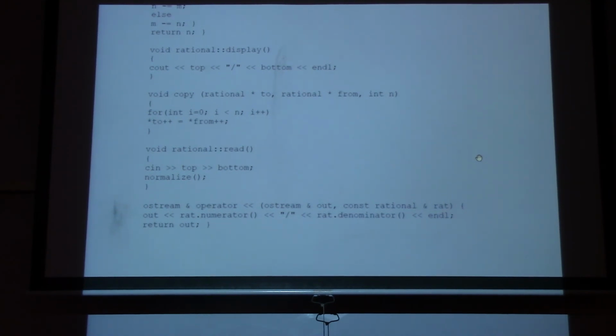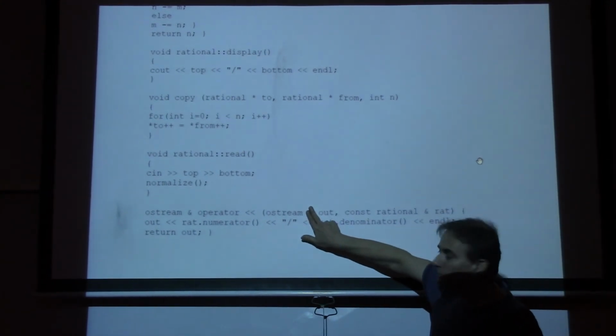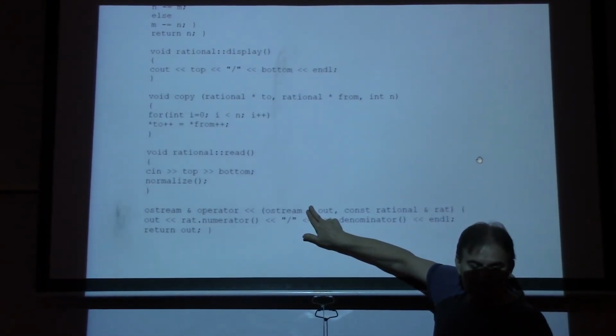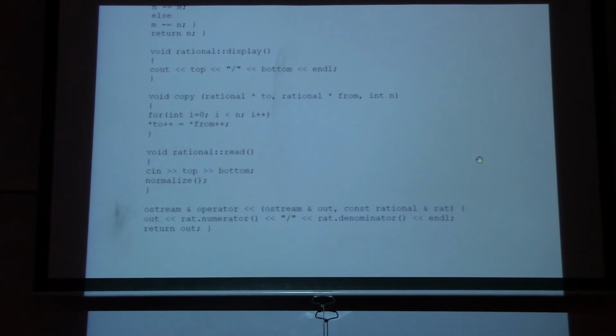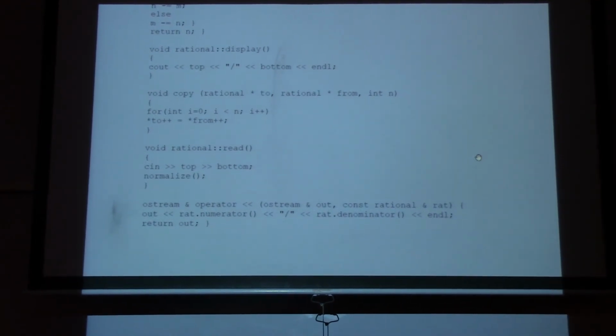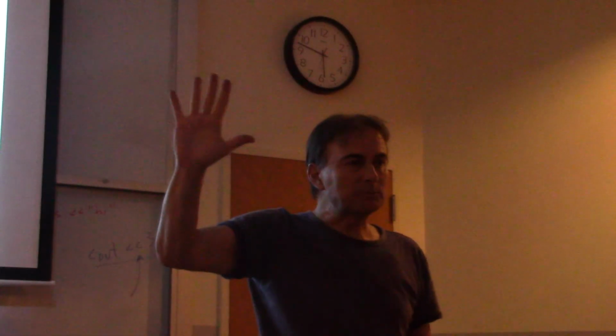Now, imagine that I forgot to send in out by reference, and I did it by value. Then what would happen is, cout is an object that's perfectly connected to the output stream, and now I'm creating something called out, and I'm copying it.